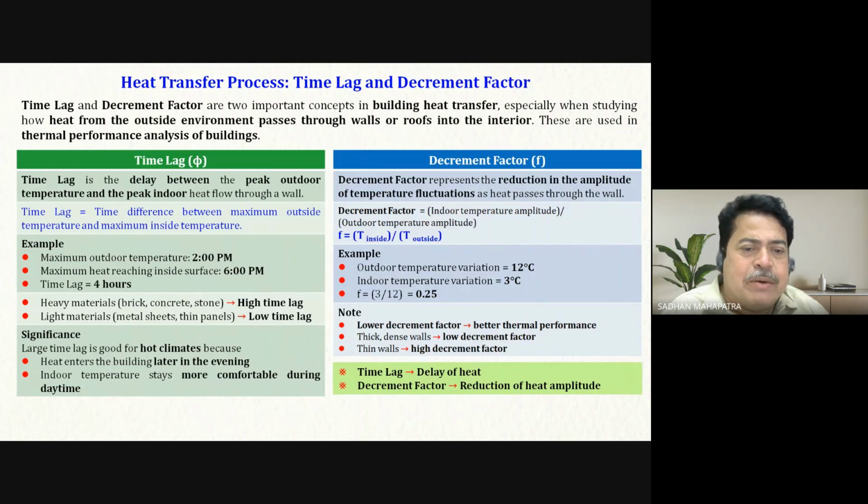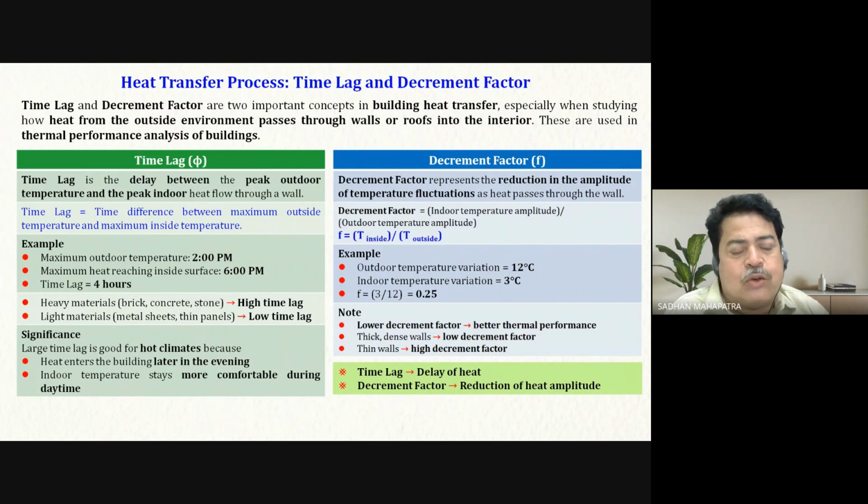Now, that maximum temperature you observe at 2 o'clock in the outdoor environment. You also measure the indoor temperature, and you will find the maximum temperature in the indoor environment occurs at 6 o'clock. And this difference in time is called time lag of 4 hours.